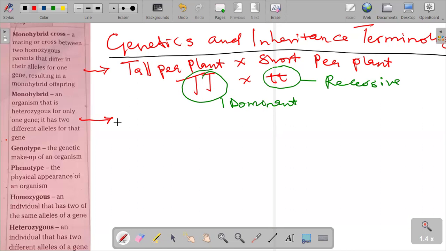Heterozygous, you should just have the literal meaning of hetero, meaning different. In terms of the genotype representation, this organism has a dominant and a recessive allele. So the organism is heterozygous for one gene. It has two different alleles for the gene.